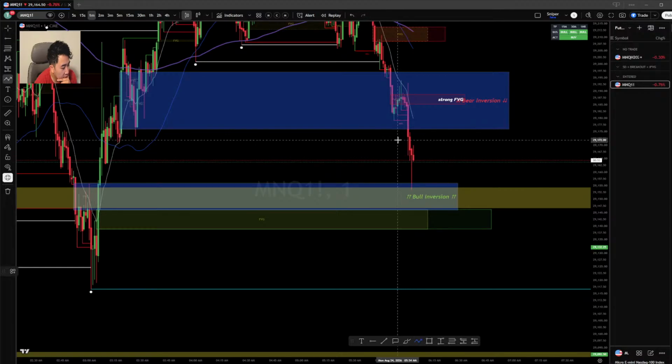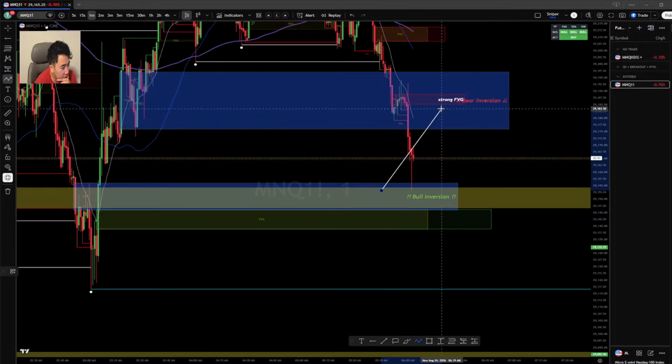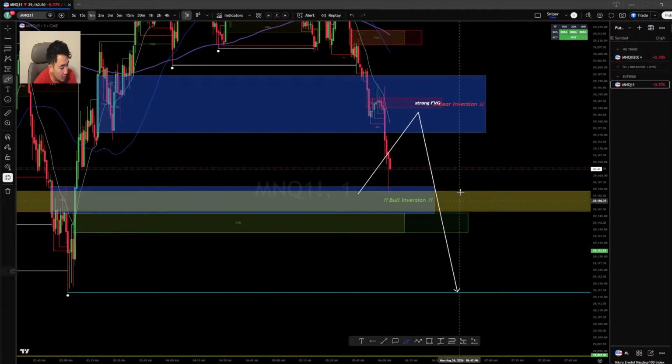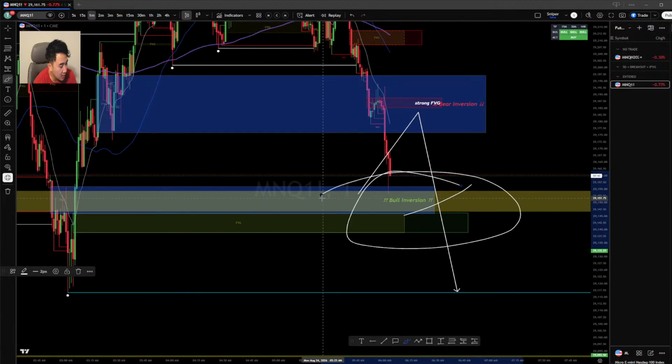So we're looking for price to pull back into this bearish inversion, respect it, and then come back down and target this 1 minute liquidity. And then we would trail in this area right here.